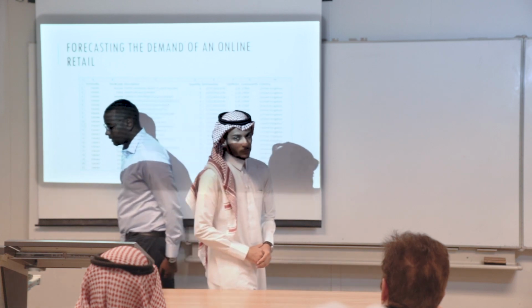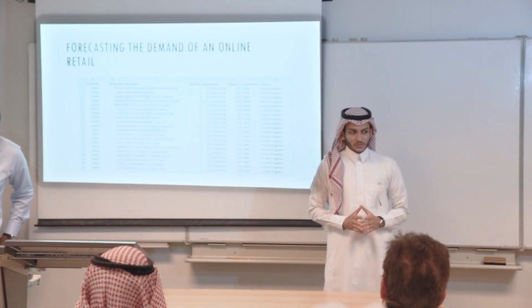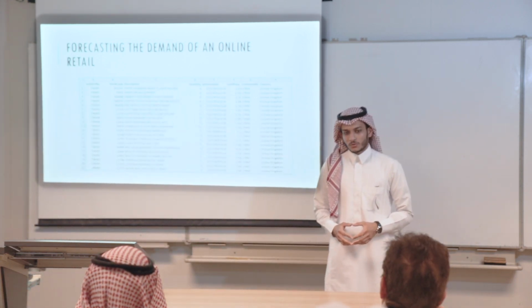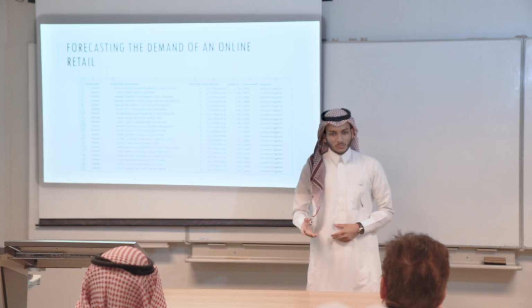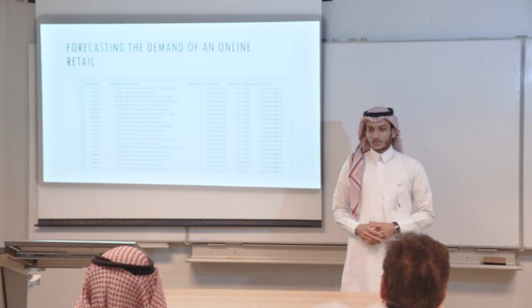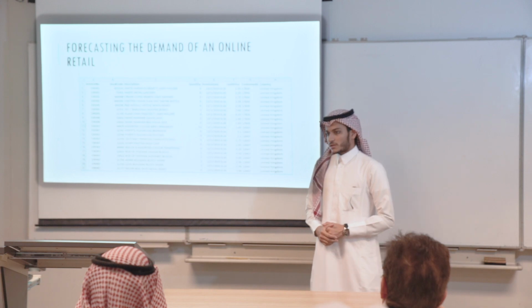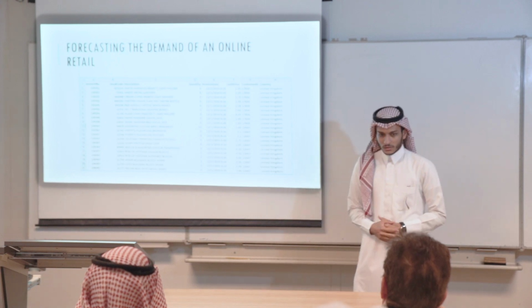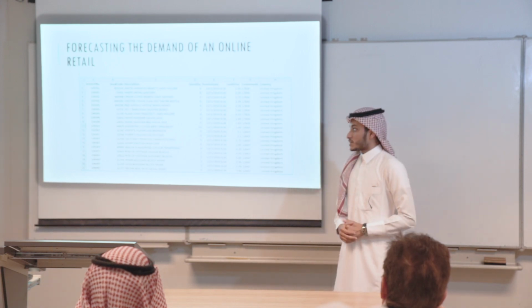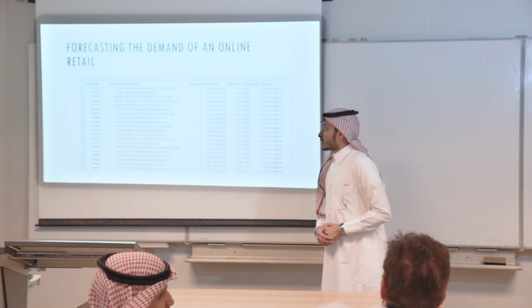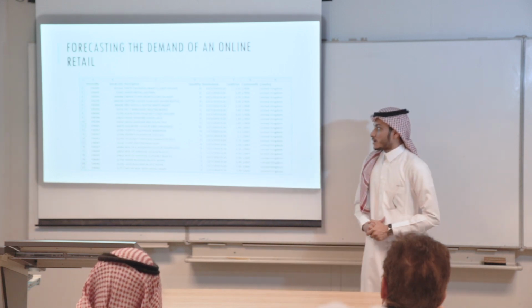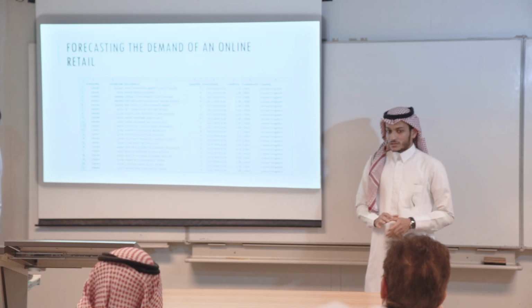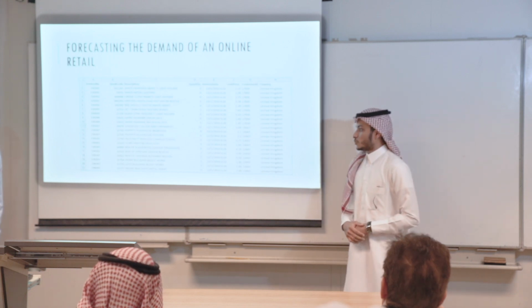So the goal of our project is to provide a fair comparison between the classical methods of forecasting, for example, the moving average and exponential smoothing, etc., and also the statistical learning methods like machine learning and AI techniques. So we went ahead and downloaded this dataset. This is a dataset for the demand of an online retail store in the UK.